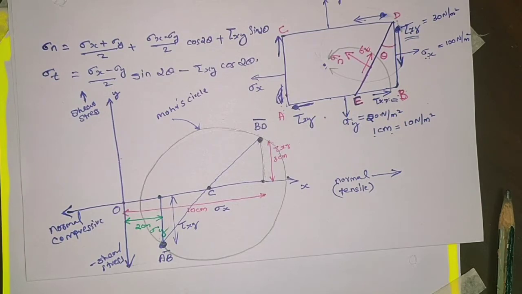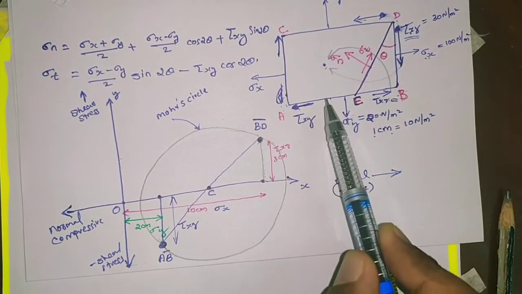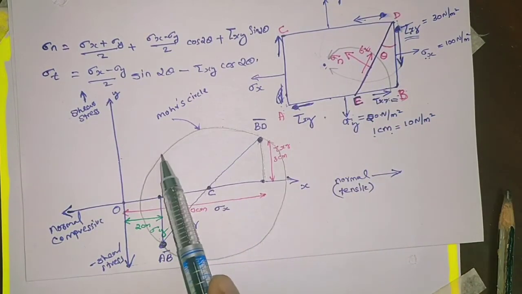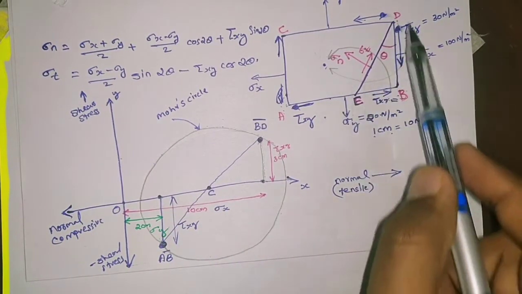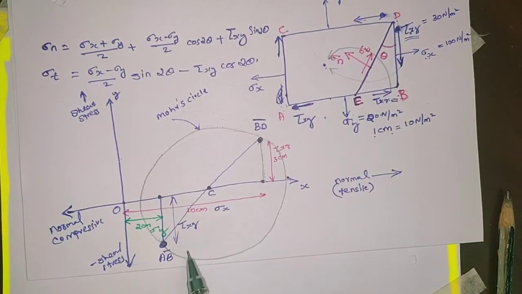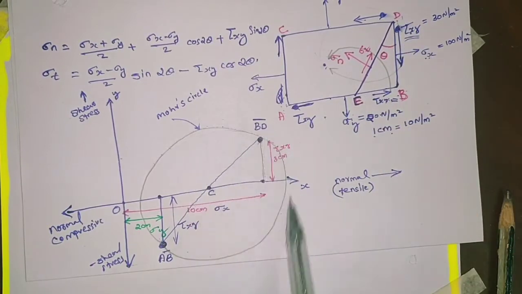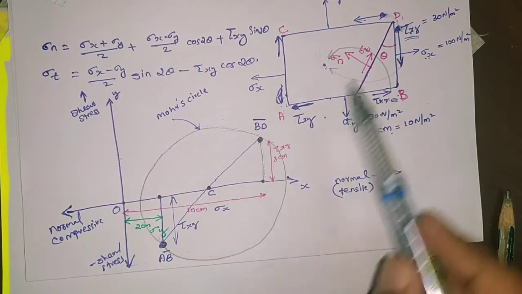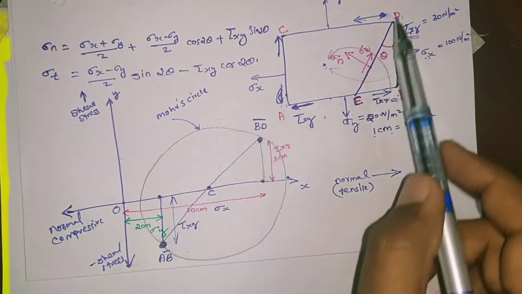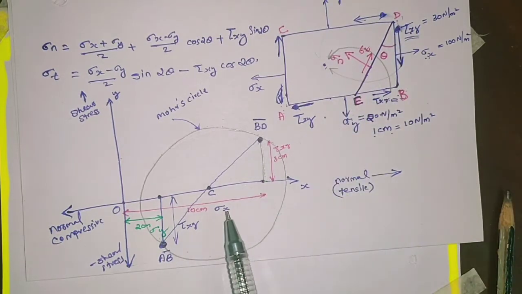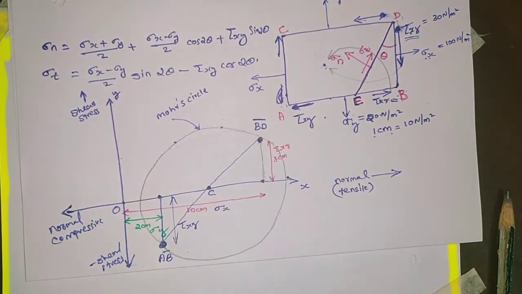Or we can say any plane passing through this point D will be a point on the Mohr circle. So this DE plane also will be a point on the Mohr circle, or this DC plane. Any plane in this system will be a point on the Mohr circle. It may be this point or it may be this point.